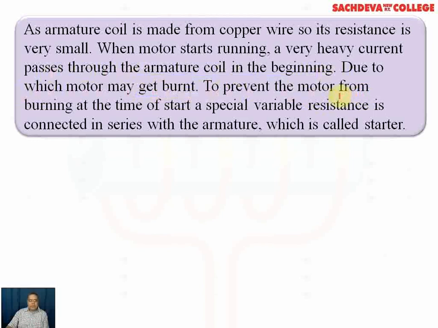To prevent the motor from burning at the time of start, a special variable resistance is connected in series with the armature, and this is called a starter. So what is a starter? A starter is the combination of variable resistance with the armature, and this combination is in series.